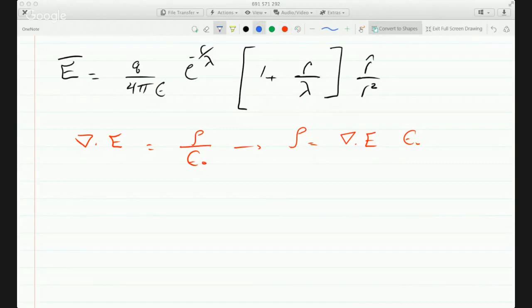Okay, so the way we're going to go about this is we're going to do the divergence like that. This rho 0 cancels with this rho 0, so we get Q over 4 pi.